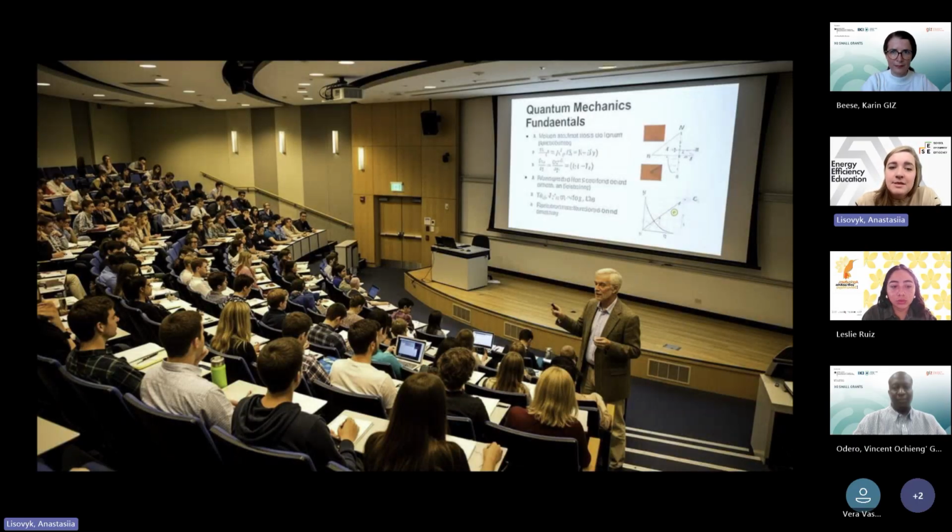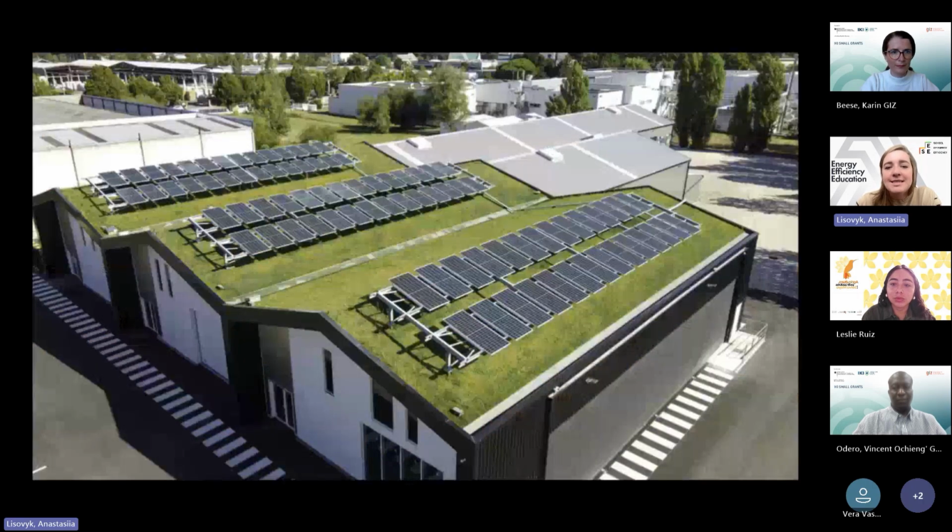Today, these hubs have become real centers of knowledge and expertise in energy efficiency in their respective regions. They actively help local universities, municipalities, and businesses implement modern approaches for reducing energy consumption and increasing efficiency.